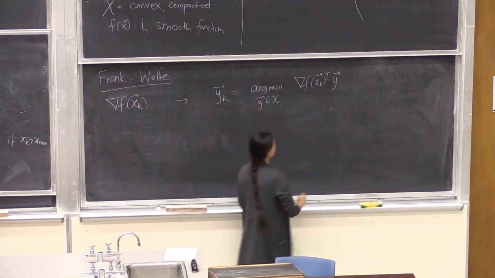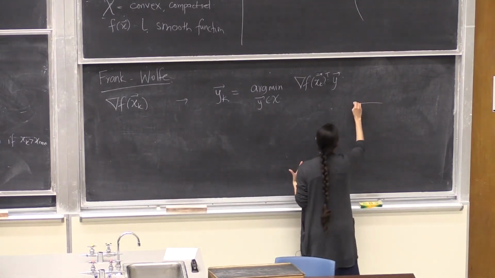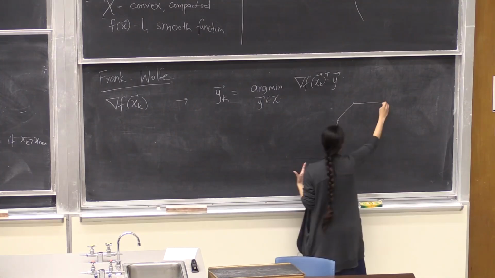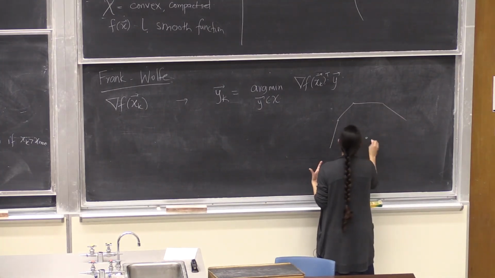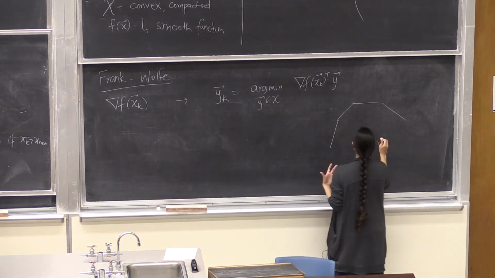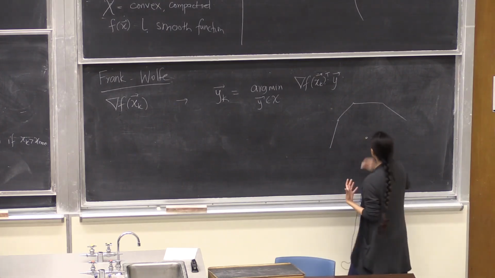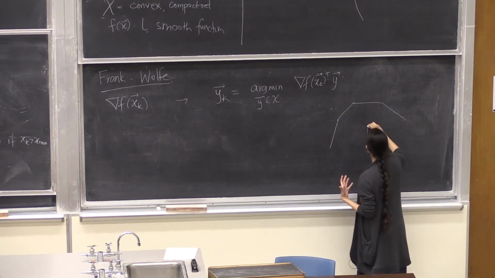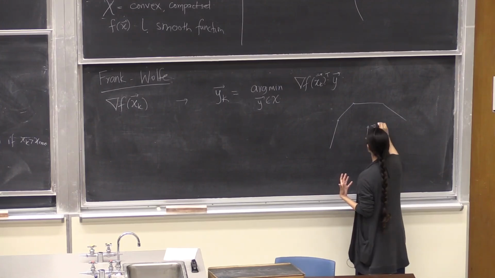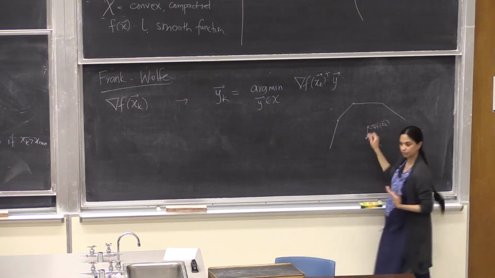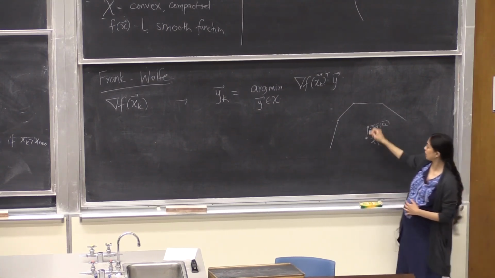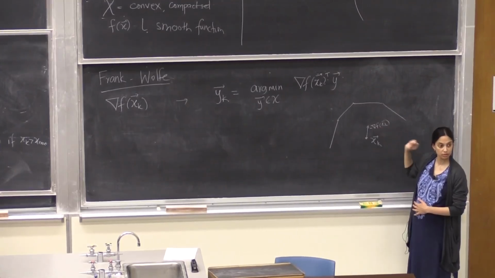So maybe a picture is a good thing to do. Let's say I have some convex set like this. And let's say I'm here, okay? And let's say this is my negative gradient direction. So this is the direction that I want to move in, right?